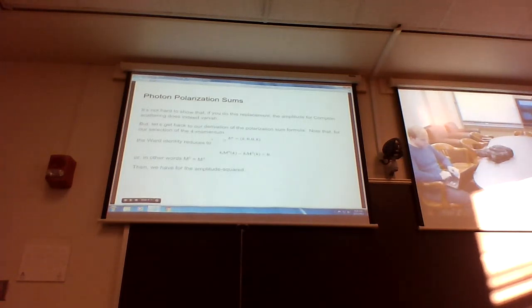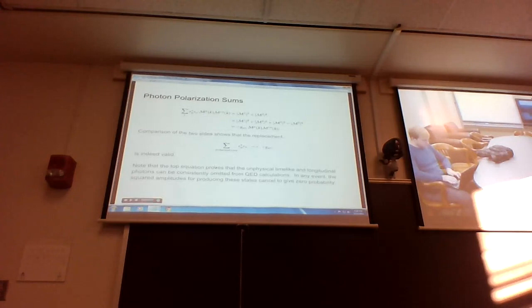So when I dot k mu into M mu, the only possible non-zero pieces are from the M0 piece and the M3 piece, just using the normal dot product rule. This implies that the M0 part of the amplitude is equal to the M3 part. This is not a surprise, and I'll show you why in just a minute.